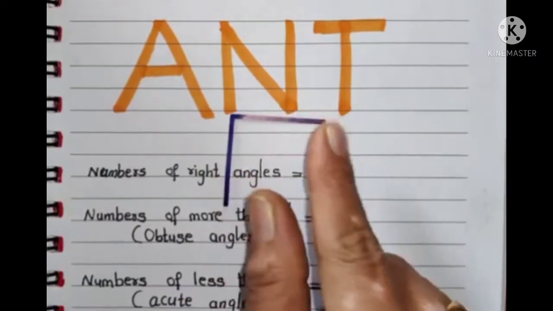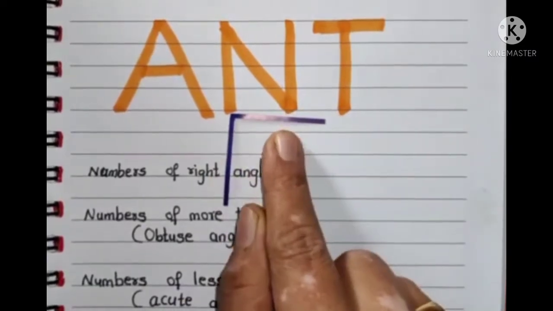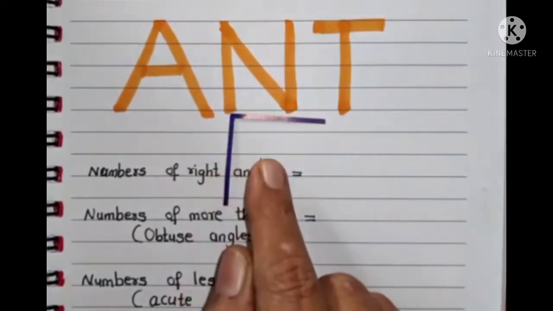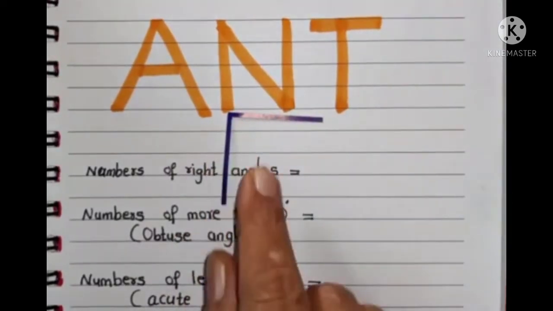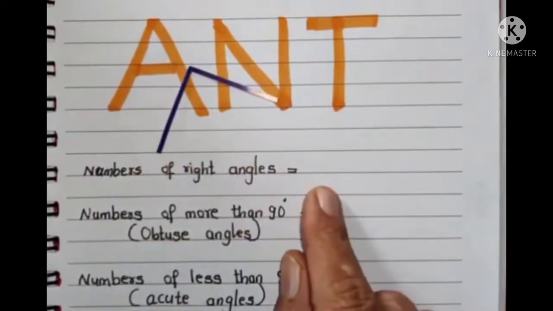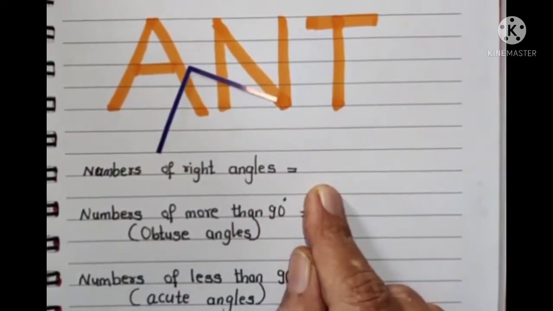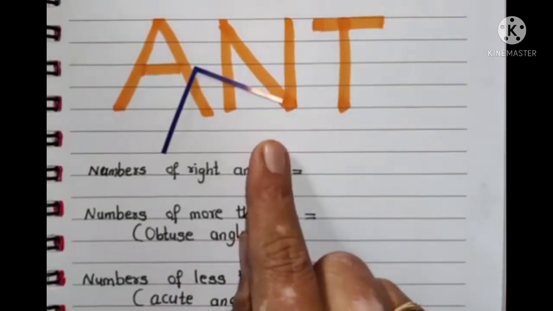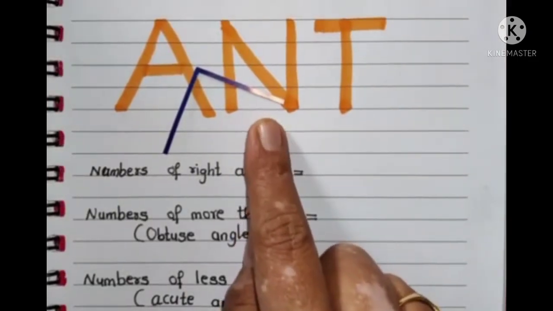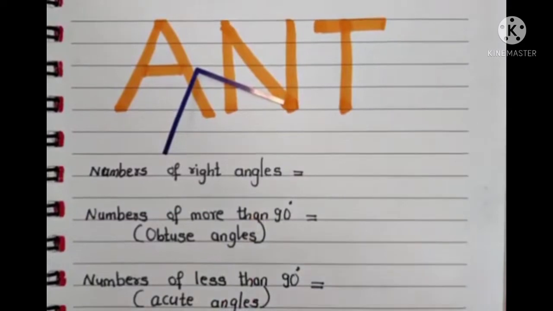You may use your tricks. You may use matchsticks, joining them with Fevicol or any other adhesive, so that you can get a 90° shape like this. If you practice like this, definitely you will be able to find the numbers of angles even without these kinds of helping materials.